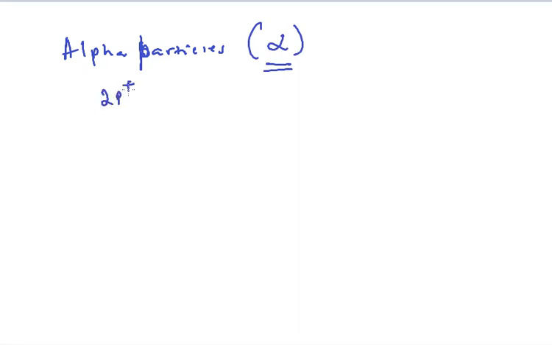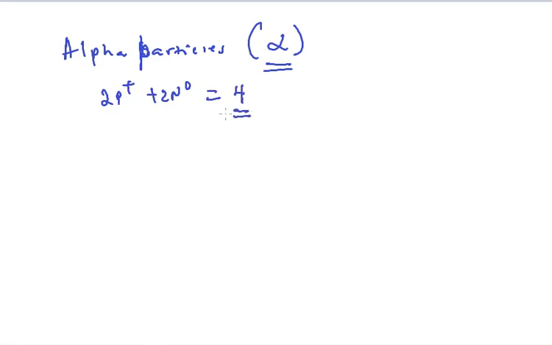So let's consider the first radiation, which is alpha particles. What are the characteristics of alpha particles? The alpha particle has the alpha sign. It contains two protons and two neutrons and has a mass number of 4.